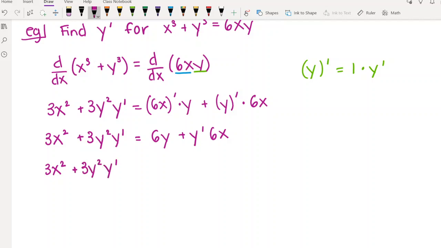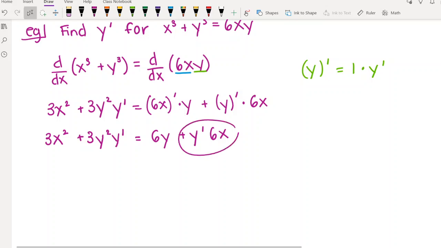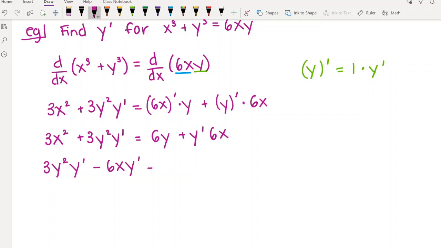Let me erase this because I got ahead of myself. Let's move all the y primes to the same side. I'm going to subtract 3x squared from both sides, and subtract y prime times 6x from both sides. So we're left with 3y squared times y prime minus 6x times y prime is equal to 6y minus 3x squared.